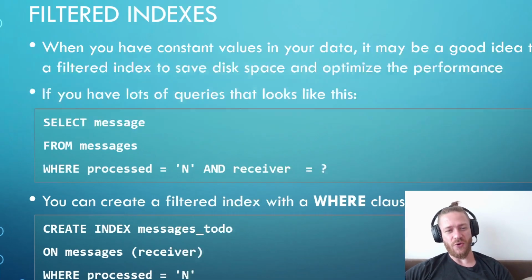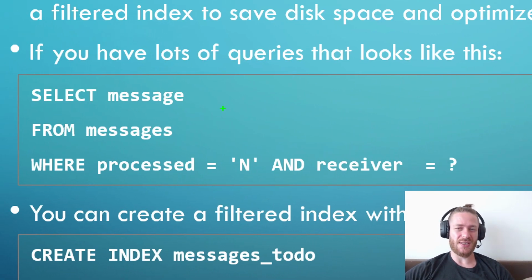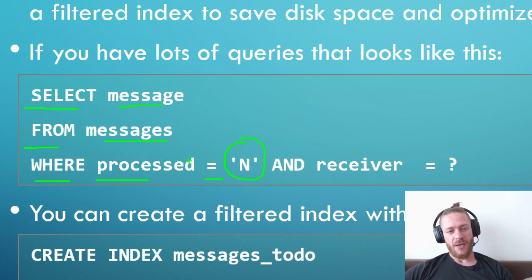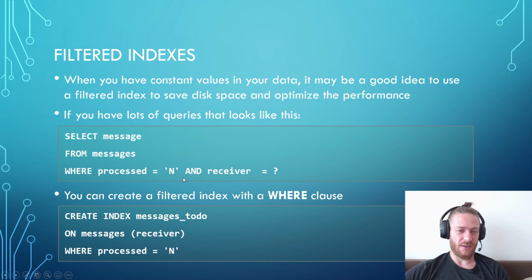If you have lots of queries which look like this, select something from something where something equals a constant, for example, a to-do list, in which most of the data entries will be done and some of them will be pending. If you have multiple entries and a lot of queries which search for a constant, and the constant is always the same, you may create a filtered index with a where clause.